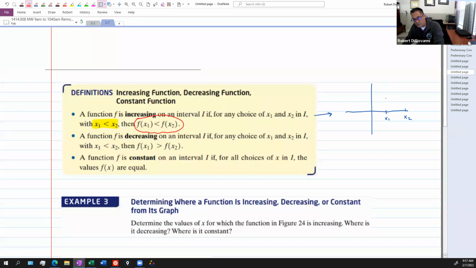Whatever value this pops out, however high that is, we call it f of x1, that must be below the other point over here, f of x2. And as long as that's always happening, then your function is going up as you go from left to right. Questions on that?